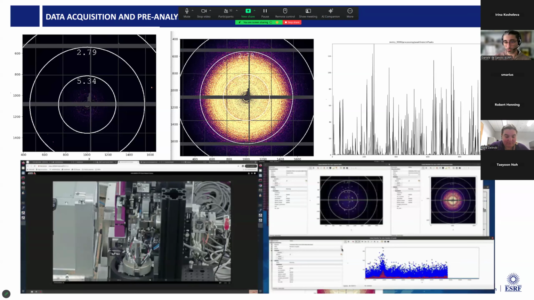We also perform an accumulated virtual powder diffraction from all the images that are not hits, as a sanity check.